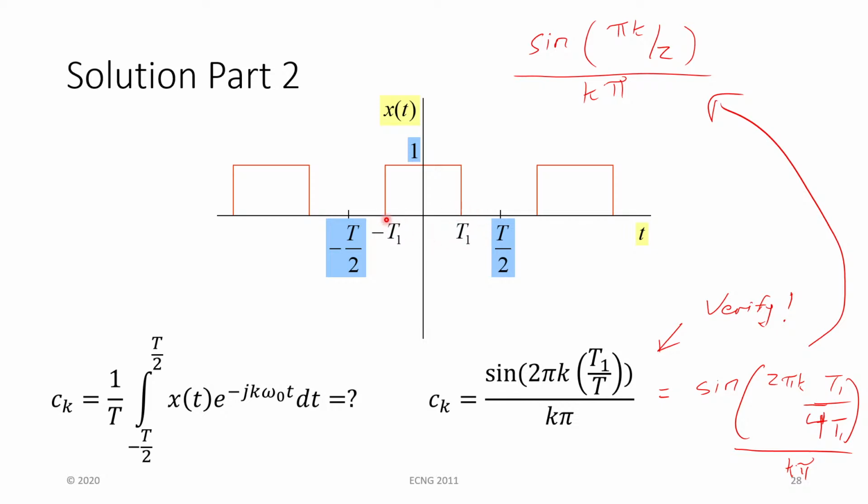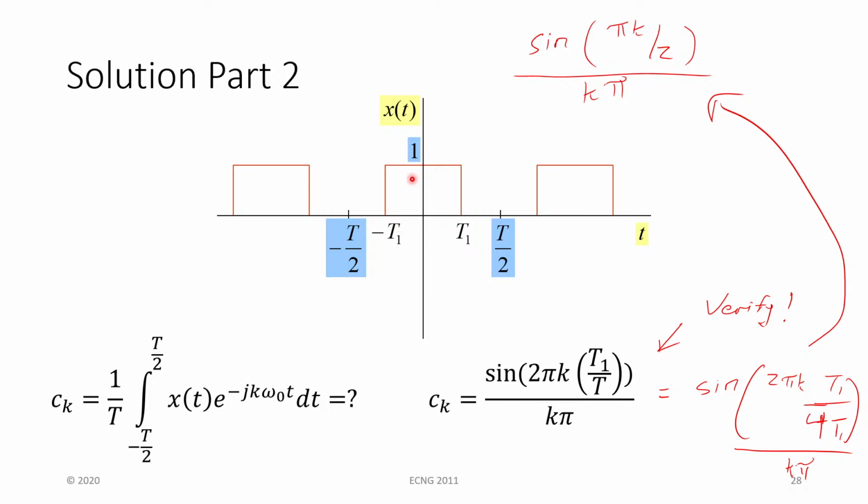And the time in between negative t1 and 0, if you just take the magnitude, it's just going to be t1 here. And the time for the next part of it was going to be between 0 and t1, so the magnitude of that is t1. So if you just add the 2 magnitudes here, you'll get 2t1 accordingly.